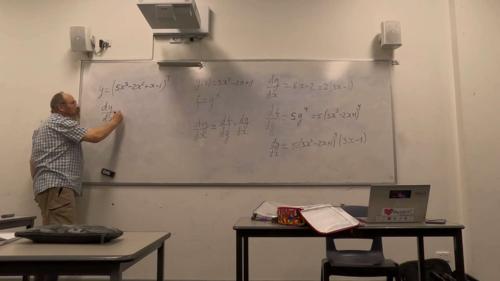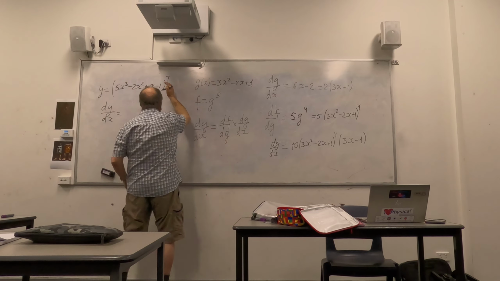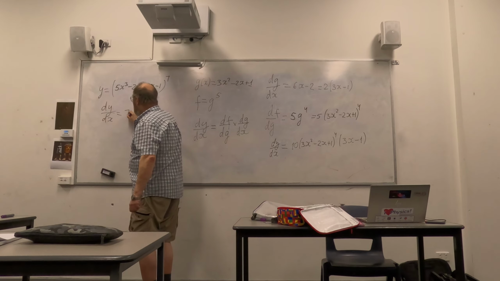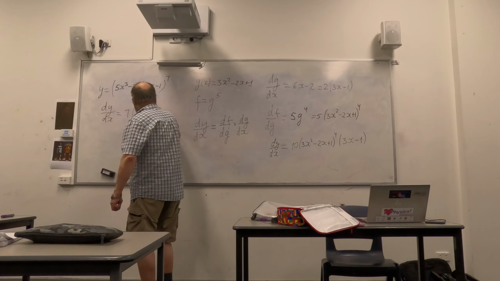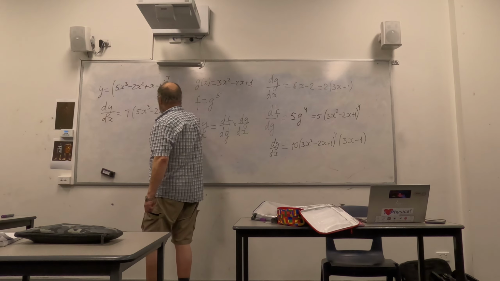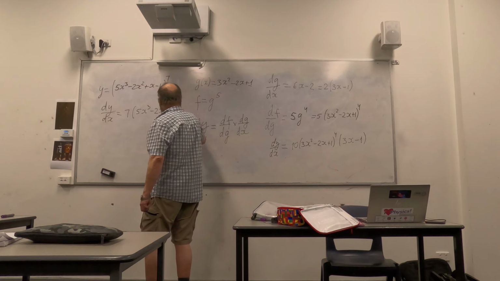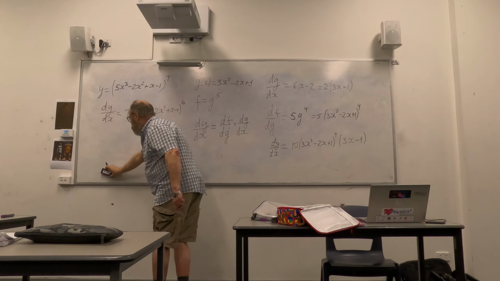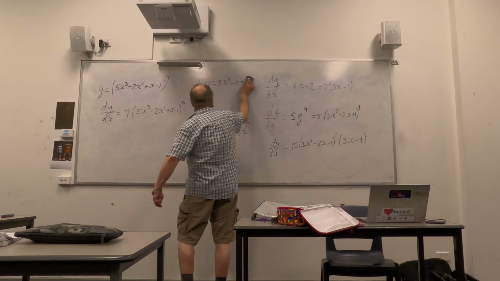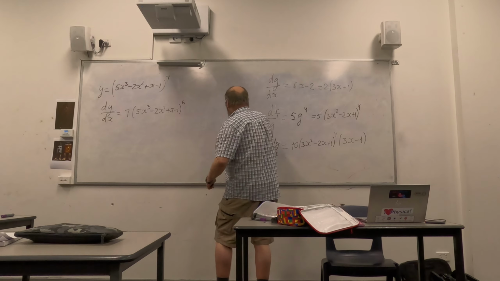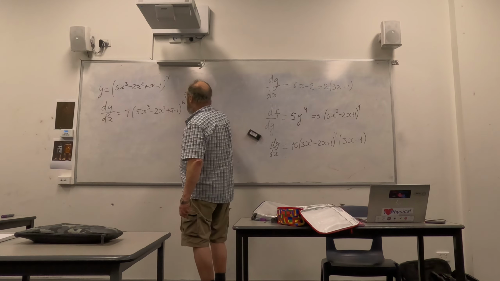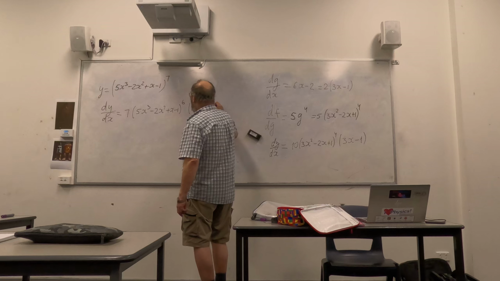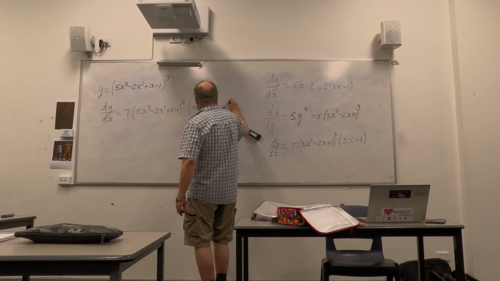We will have 7 times 5x cubed minus 2x squared plus x minus 1 in the power of 6, times the derivative of what is in the bracket. So times 15x squared minus 4x plus 1.